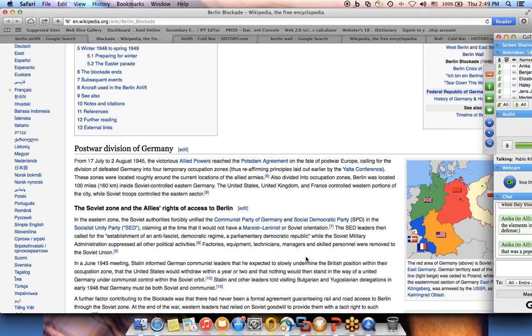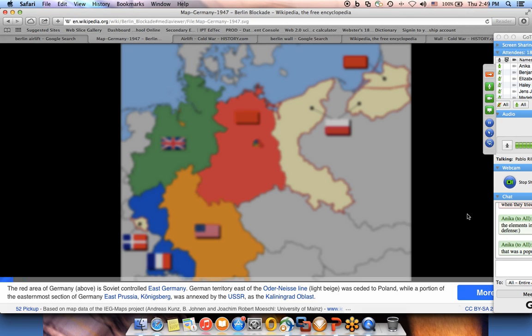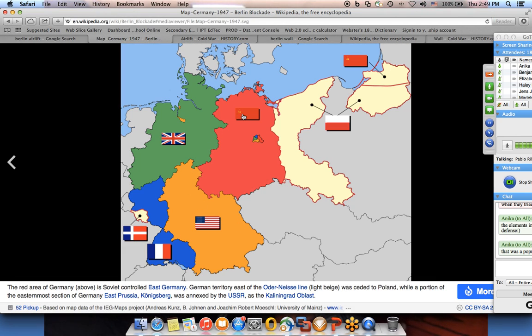This is a map of how Germany was divided. You see the boundaries, and here you see even the boundaries in the city of Berlin. One sector was occupied by the Americans, another by the British, and another by the French and other forces.